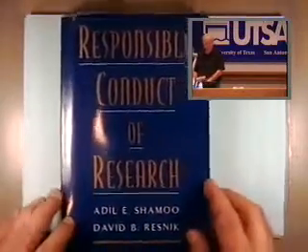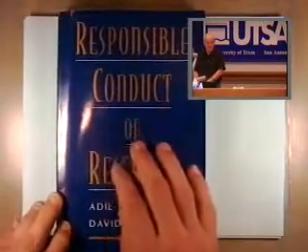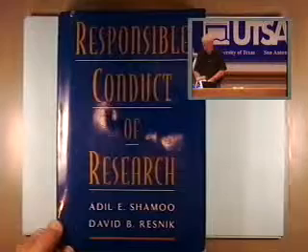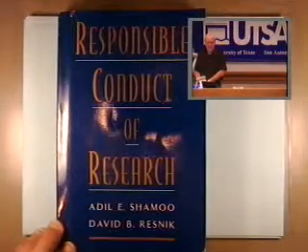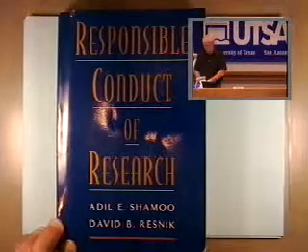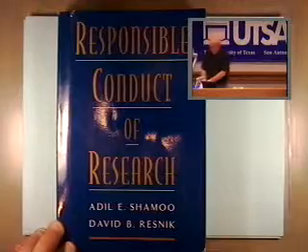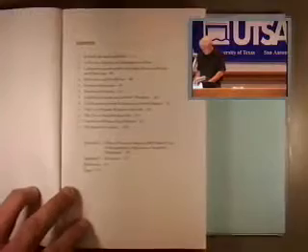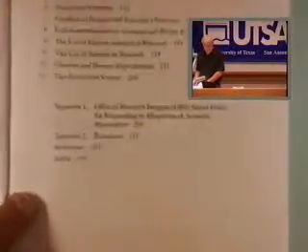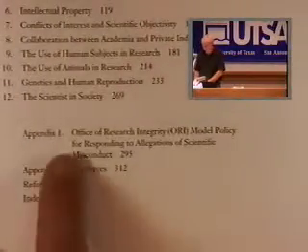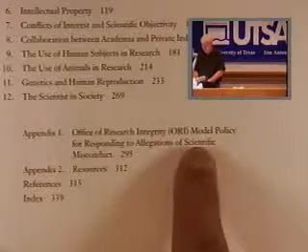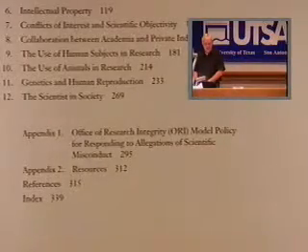But I do want to draw your attention to textbook 1, which is of course what the majority of the lectures will be coming from originally until we get to the experimental design component of the course. In Appendix 1, there's information on the Office of Research Integrity, the model policy.